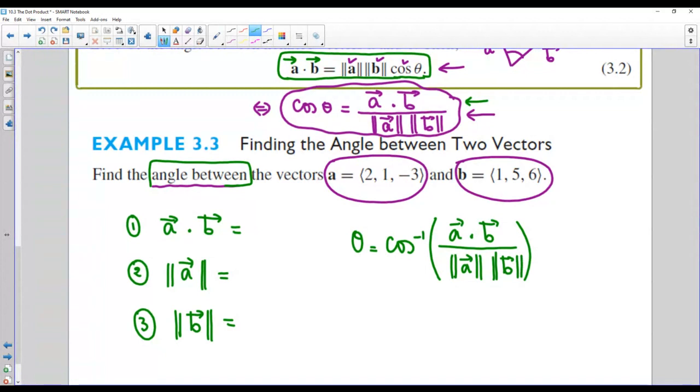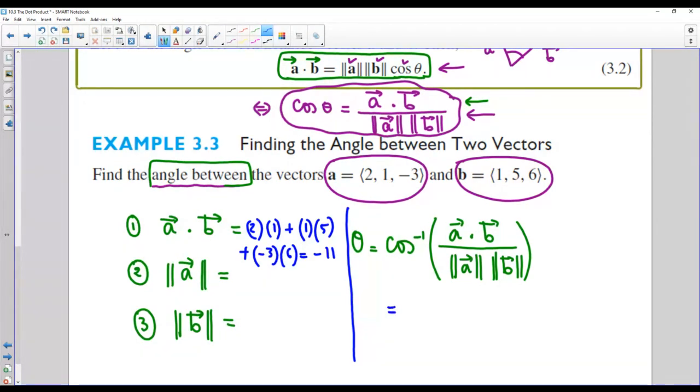Okay, so first let's find the dot product. It's going to be 2 times 1 plus 1 times 5 plus minus 3 times 6, so minus 11. Good. So we already have that.